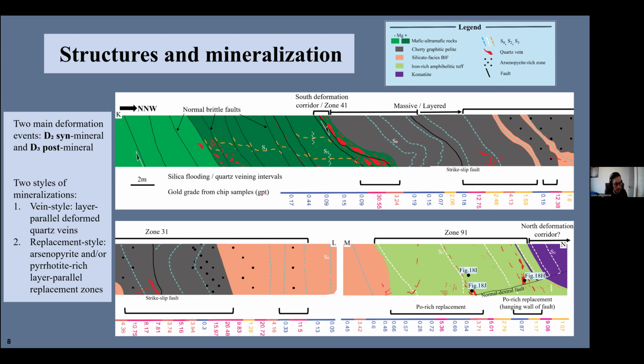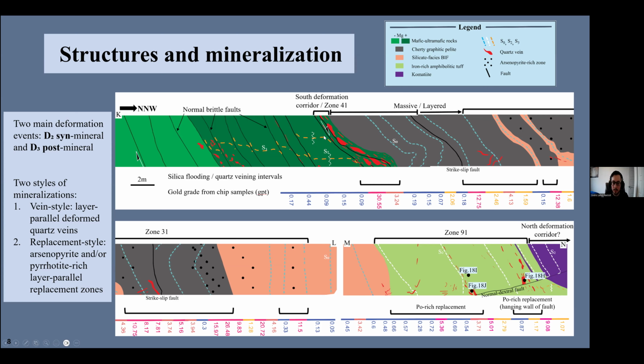Now for the mineralization, we have two styles. First off, the vein style mineralization. It takes the form of layer-parallel deformed quartz veins. We can see some of them here in the red. This is the south domain, so the volcanics.